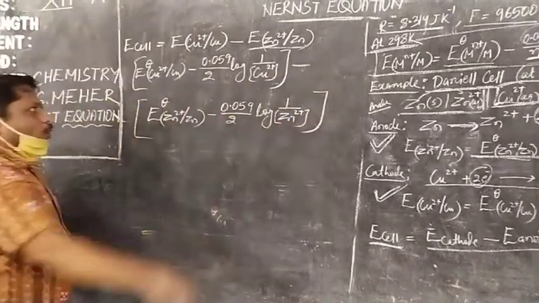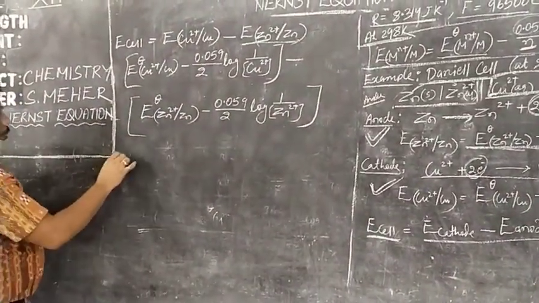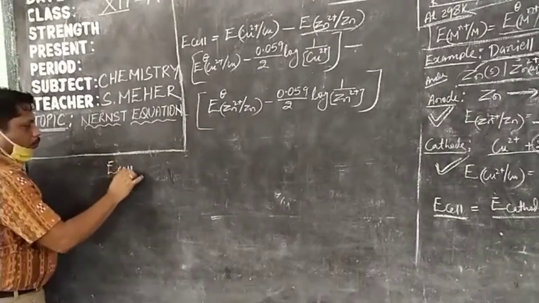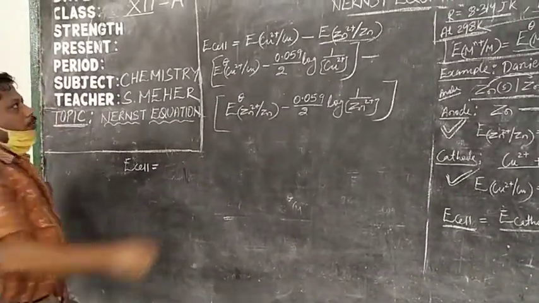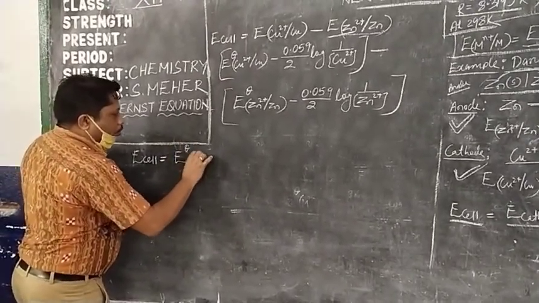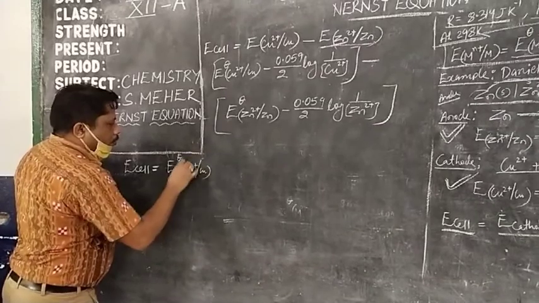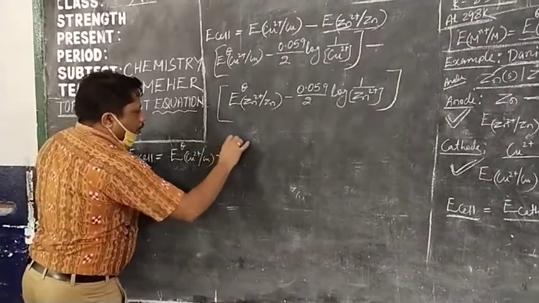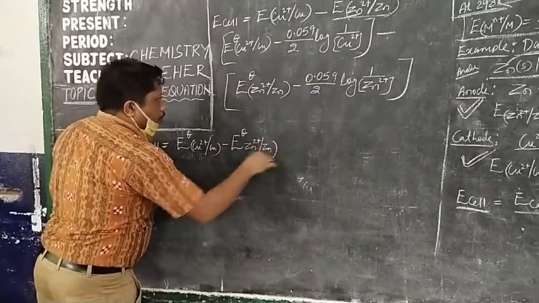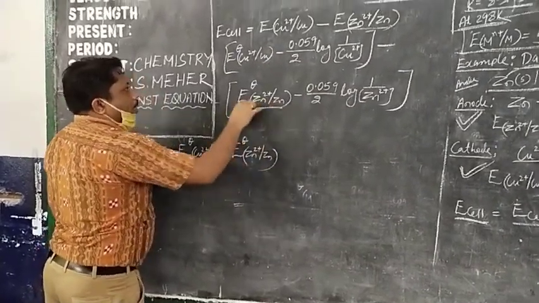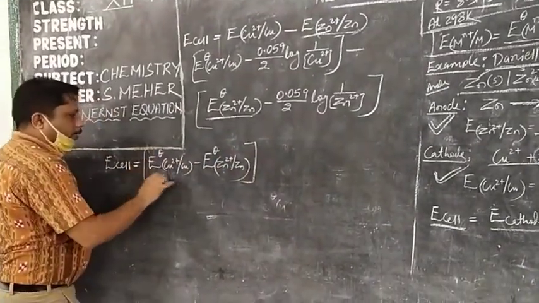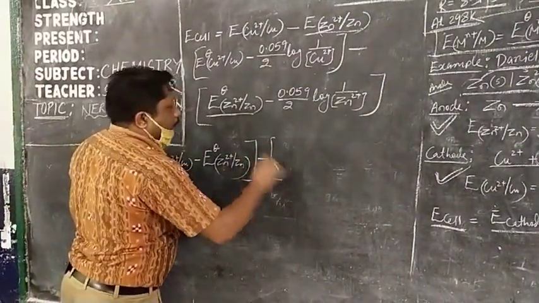Now if we simplify, open the bracket, what will it become? E cell will be equal to E naught Cu2 plus slash Cu minus E naught Zn2 plus slash Zn. If you open the bracket, it becomes minus, because before the bracket there is a minus sign. Keep these two in one bracket, then put minus.